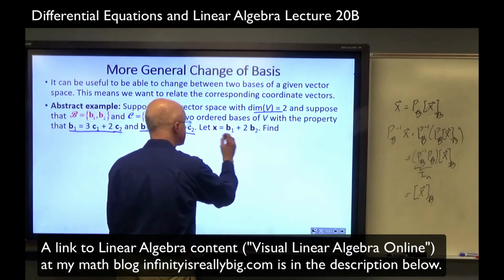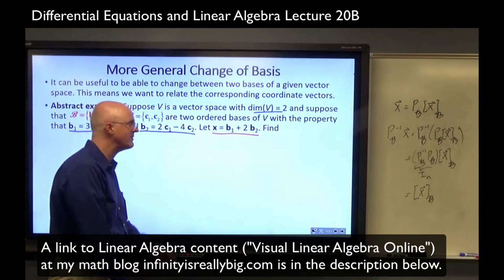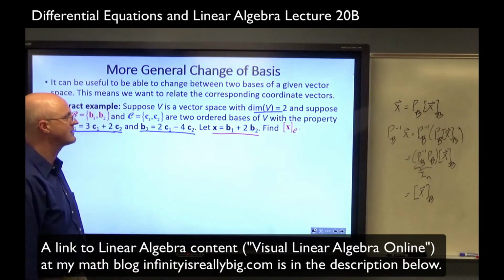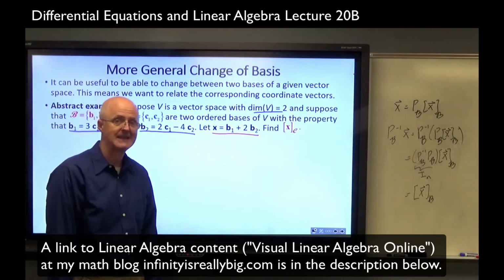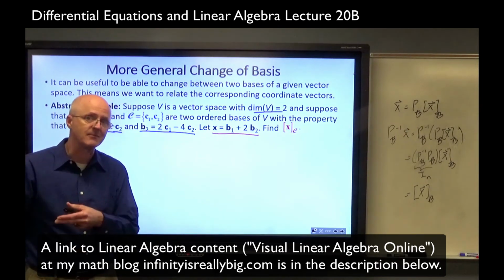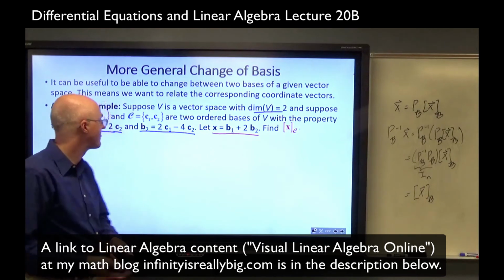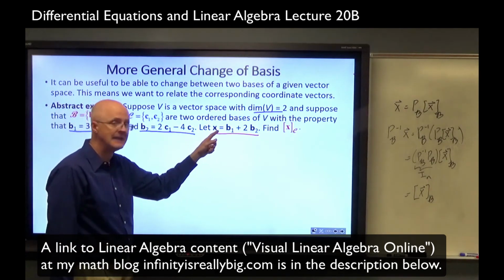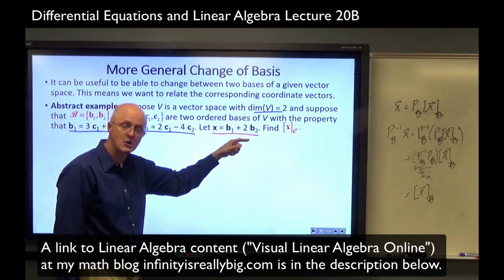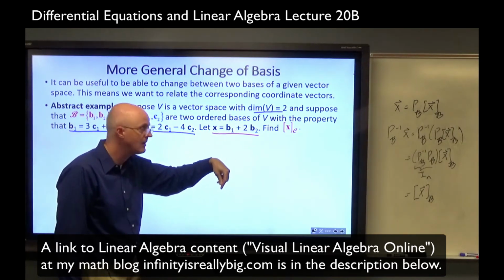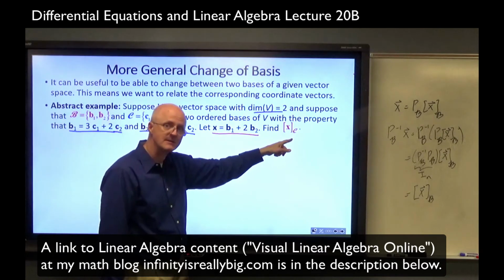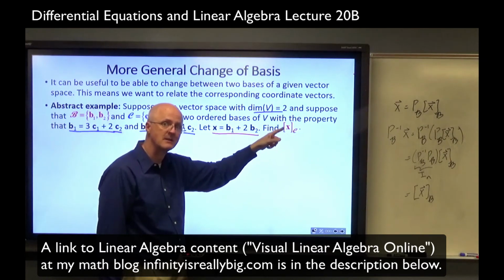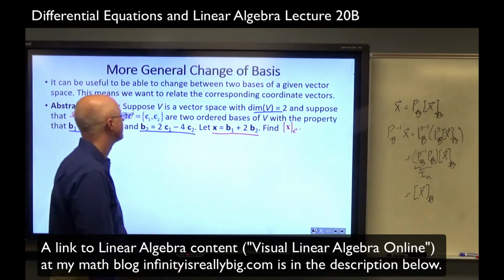Let X be this linear combination of B1 and B2, and find the coordinate vector of X with respect to C. I've got two bases here, B and C. I know the coordinate vector of X with respect to B. It would be, look at the coefficients, 1, 2, the column vector 1, 2. I want to find what this column vector is, the coordinate vector of X with respect to the basis C. How do you do it?